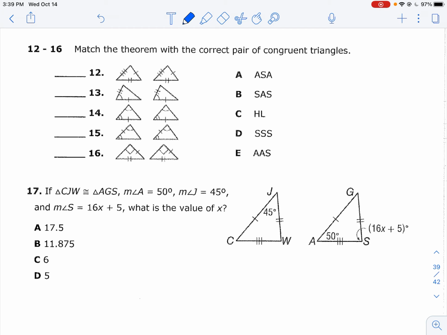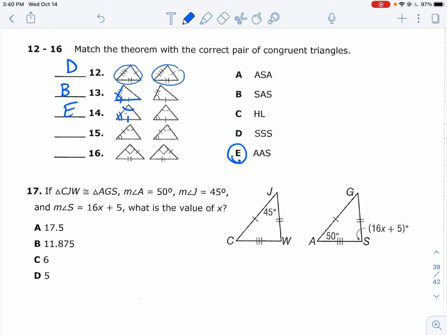12 through 16, match the theorem with the correct pair of congruent triangles. Okay, so in number 12, I see that all three sides are congruent to all three sides, and so that's D. I've got a side, an included angle, and a side, so that's side, angle, side, that's B. In number 14, I have an angle, then another angle, and a side.